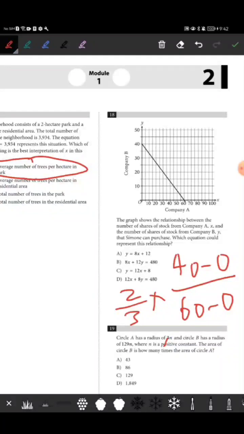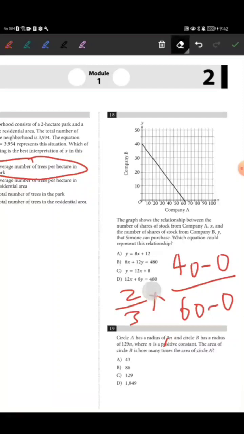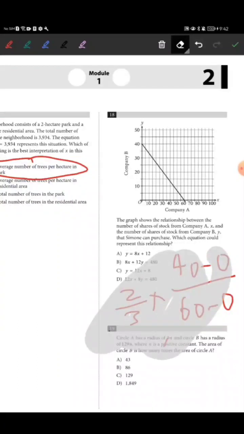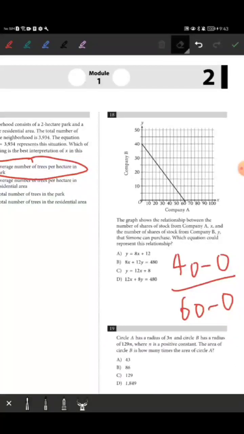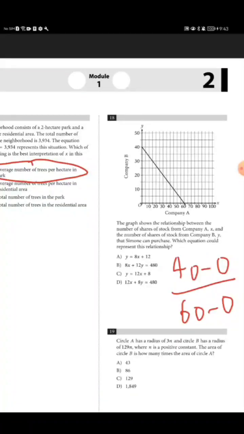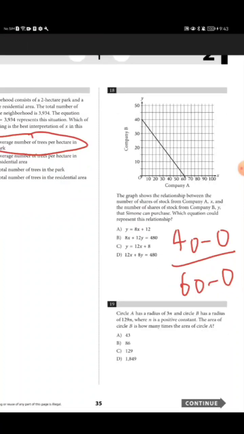Or we can use a different method, which is going to be a lot easier because we're using the calculator, which is the trial and error method with the calculator. So we're going to put y equals 0 and x equals 60.